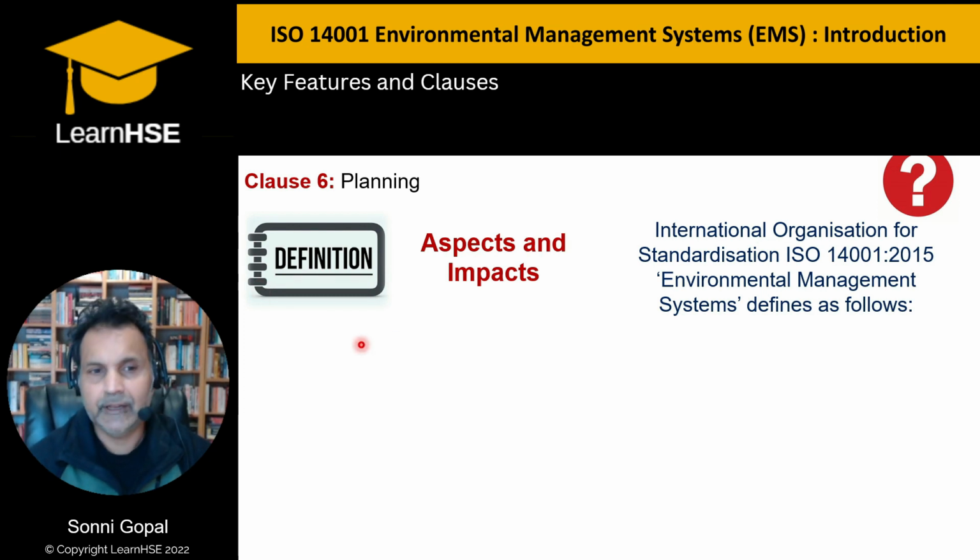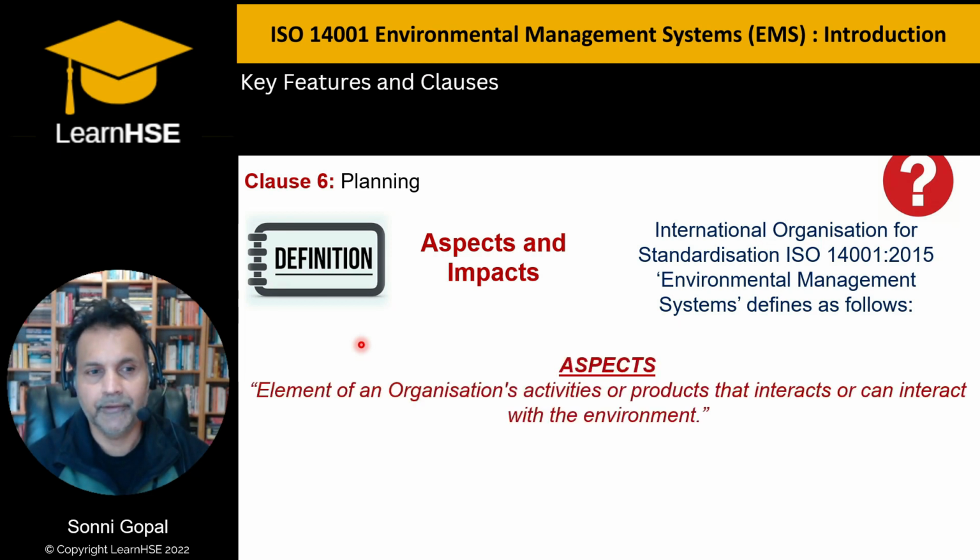We need a good definition here for aspects and impacts, and we can refer to the ISO standard for some guidance. In the standard, an aspect is defined as an element of an organization's activities or products that interacts or can interact with the environment.